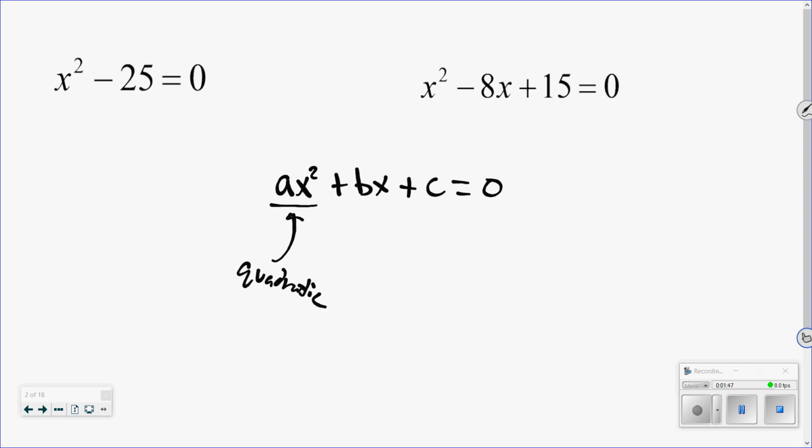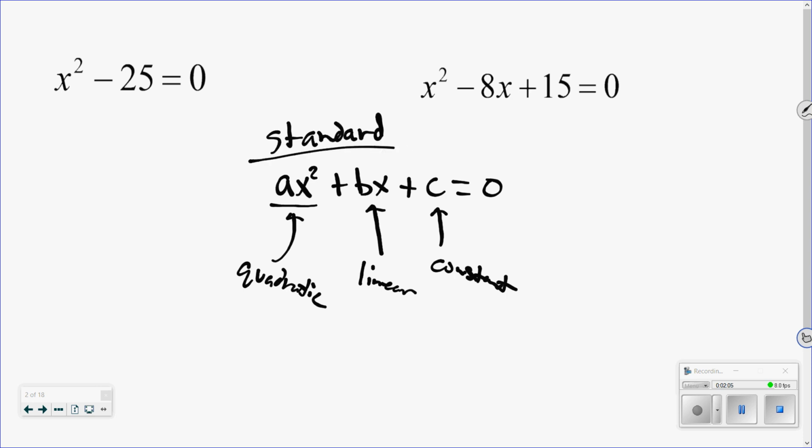The first power, the x term, is the linear term. It comes second. And then the constant comes third, equals 0. This is called standard form. So if you want to pause for a second, write down standard form. When we go to solve this other way, we want to have the equation in standard form.